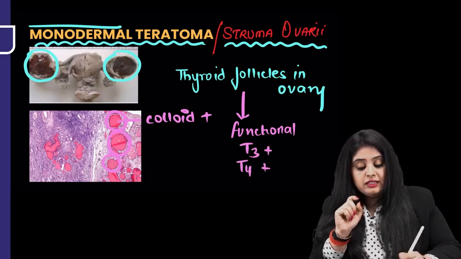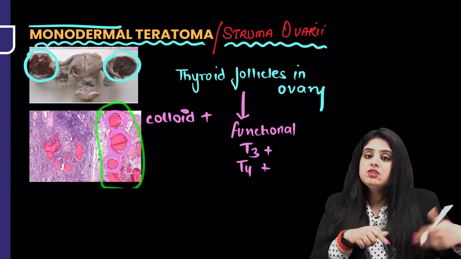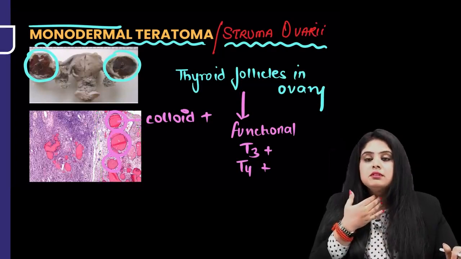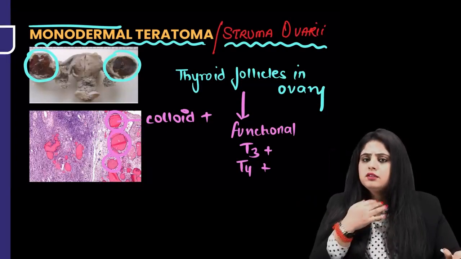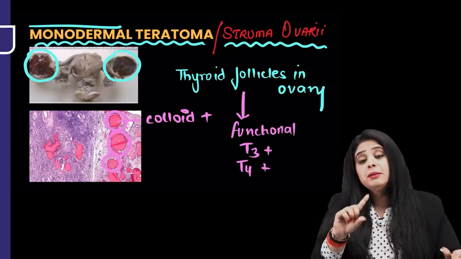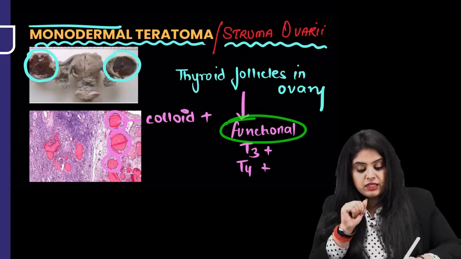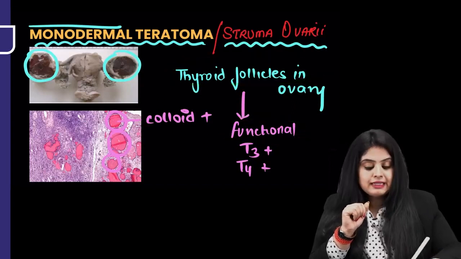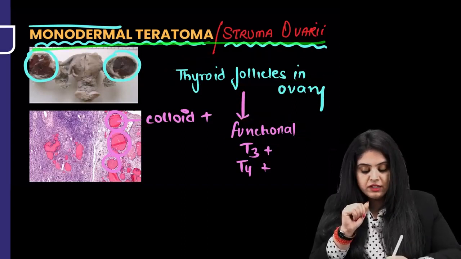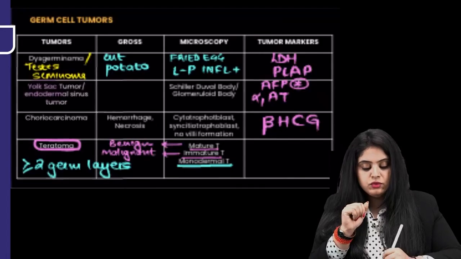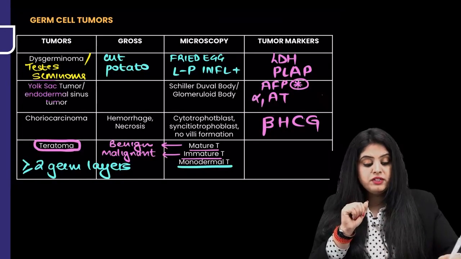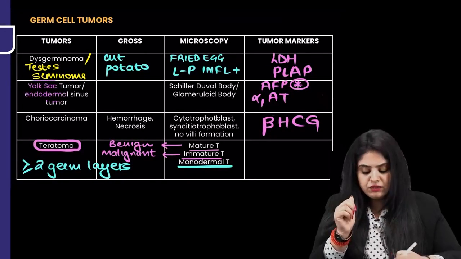It means that despite having this in the ovary, the patient can have hyperthyroidism. The thyroid in the neck is normal. Nothing is problematic in the thyroid of the neck. But that thyroid in the ovary has started producing a lot of T3, T4. So this is a functional thyroid follicle that I'm talking about. That is a monodermal teratoma known as struma ovarii, with which, guys, you will realize that we have finished the germ cell tumors. We are almost towards the end of the journey.